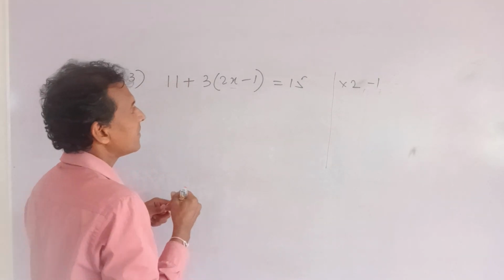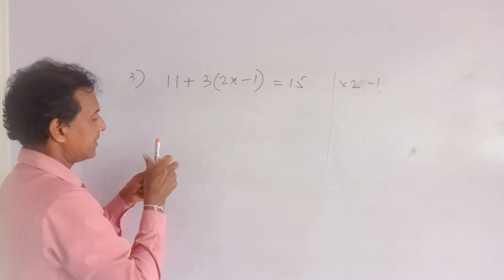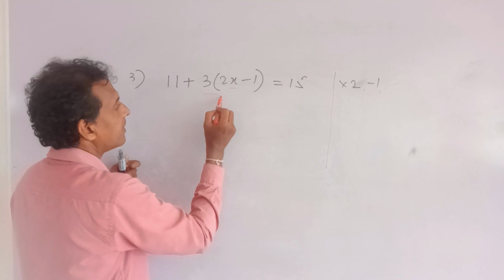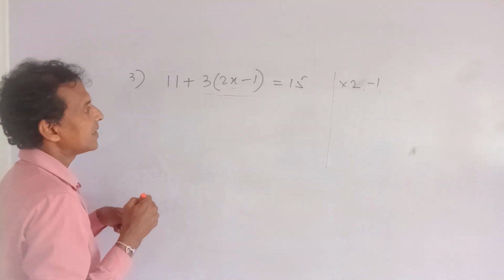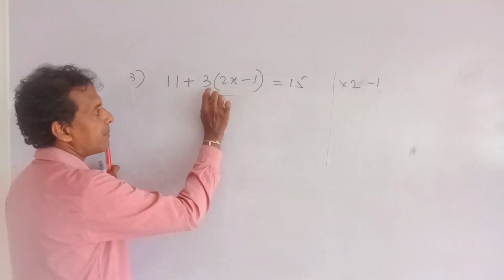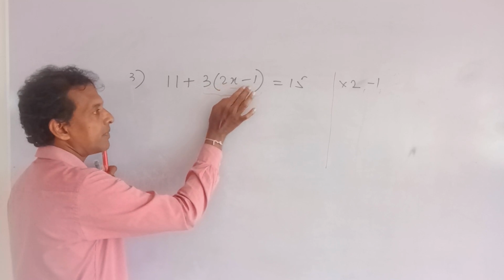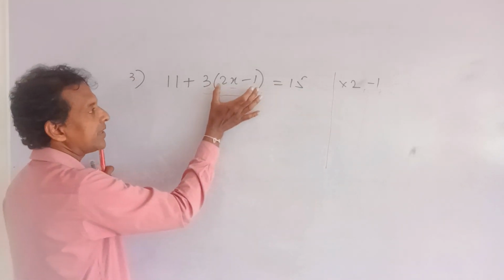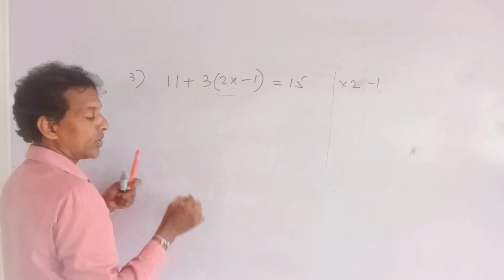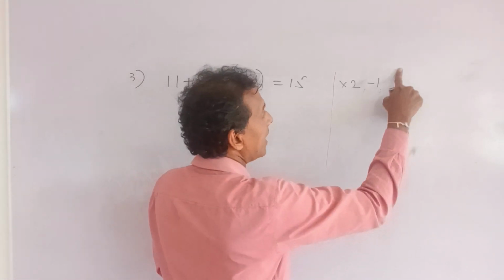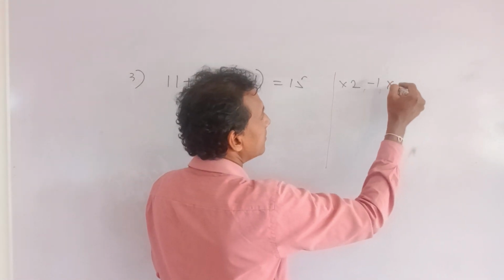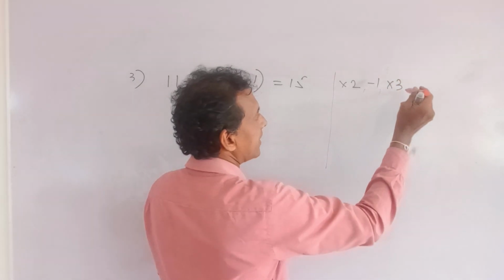And then see, this all works as a single term here, in the bracket. So x is multiplied by 2, subtracted 1. After that the whole thing is multiplied by 3. So write the next operation, multiplied by 3.